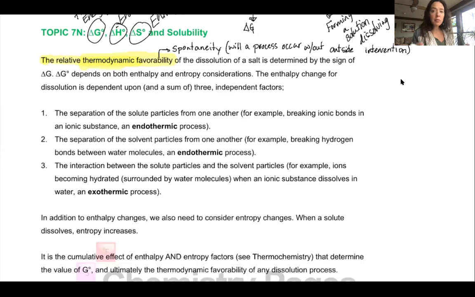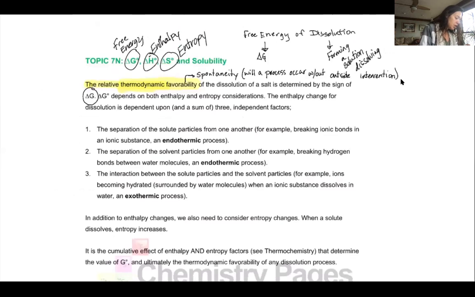That does not mean it will occur at a quick rate. That is a kinetics issue, but it will occur. It could be carbon atoms forming diamonds and take millions of years, or it could happen like that. That's for kinetics. This is, will it happen without outside intervention? Okay. The answer to that is dependent upon the sign of delta G. Delta G is our free energy.